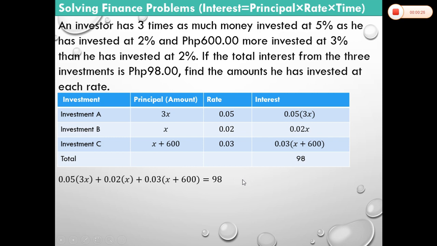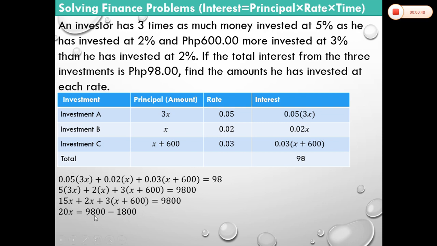Multiplying this by 100, we get 5 times 3x plus 2x plus 3 multiplied by (x plus 600) is equal to 9,800. Simplifying, 15x plus 2x plus 3 multiplied by (x plus 600) is equal to 9,800. That is further simplified to 20x equal to 8,000, giving us x is 400.